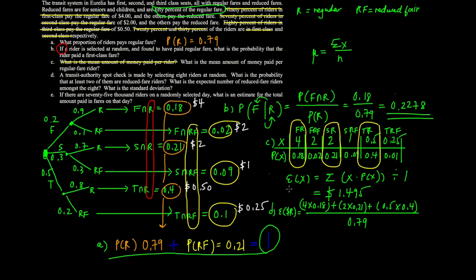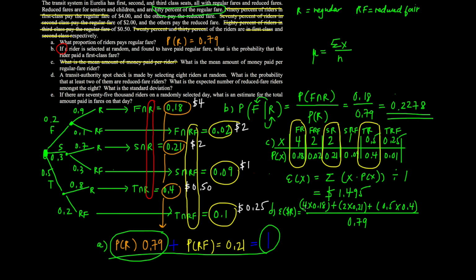Whereas in part D, I only want the mean amount paid per regular fare rider. So I take the probability of all the regular fares and multiply them by their given outcomes. But then because it's only for the subset of regular fare, I have to divide by 0.79, okay? Because that is right here. The subset of regular fare is only 0.79.